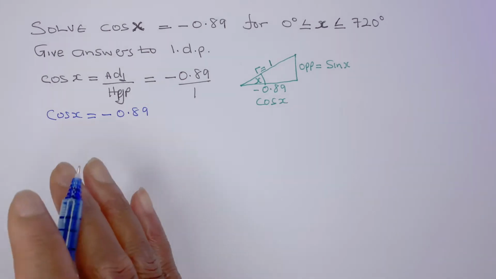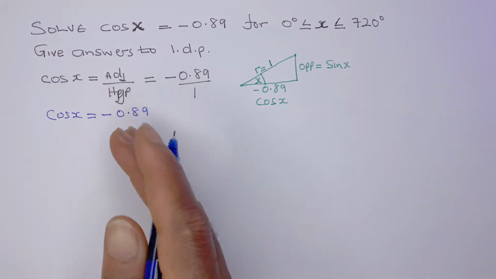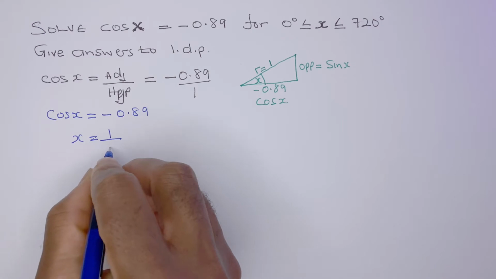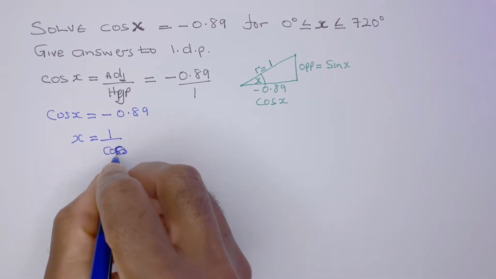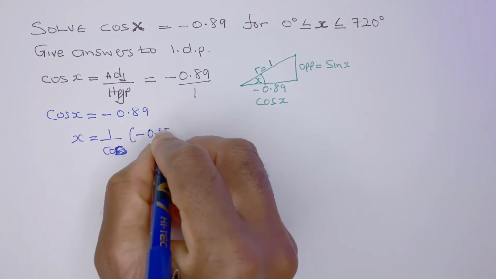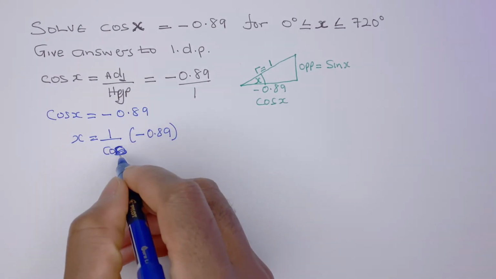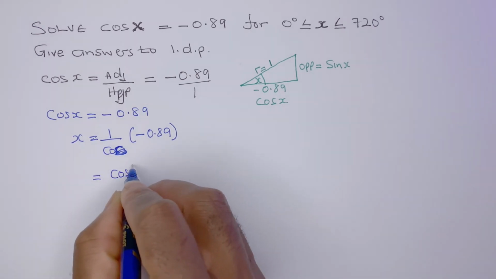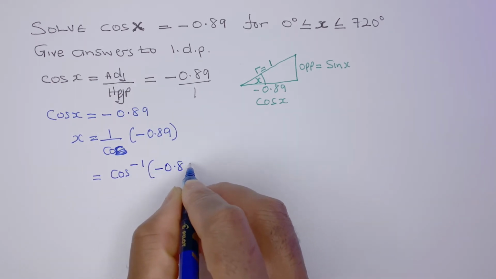If I'm dividing by cos, it means I'm multiplying both sides by 1 over cos. So that would be x equals 1 over cos times minus 0.89, and in indices 1 over cosine is basically cos to the power minus 1, and then times minus 0.89.